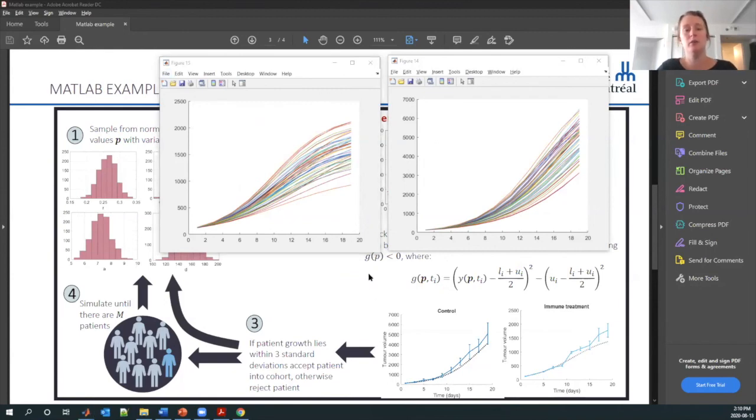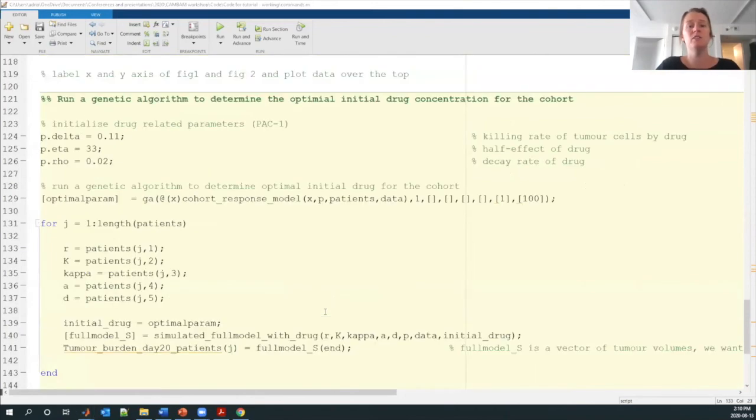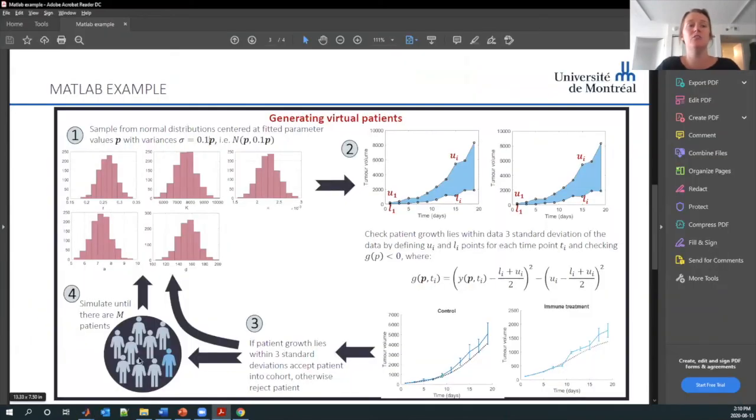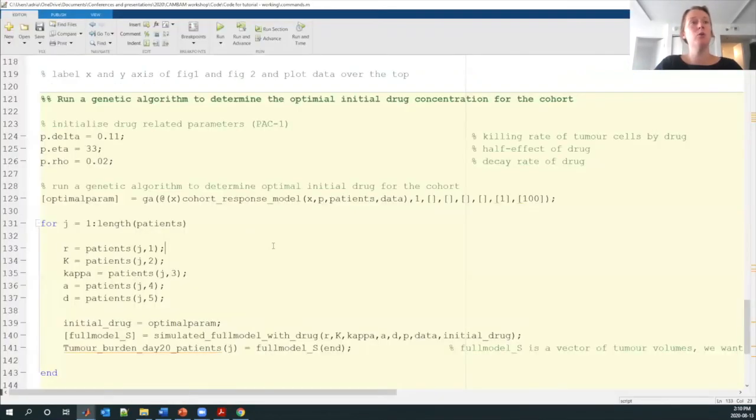The last part of the code is simulating a genetic algorithm. Basically, it takes these patients and simulates if we were to impose a drug on them here, and what would be the optimal drug dosage for the cohort. If you want to run that, you can.